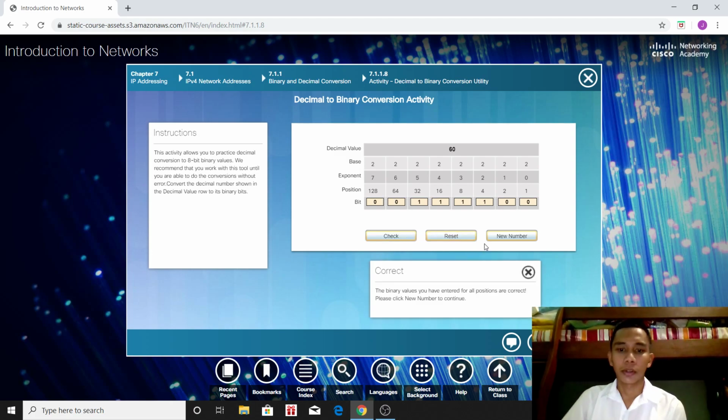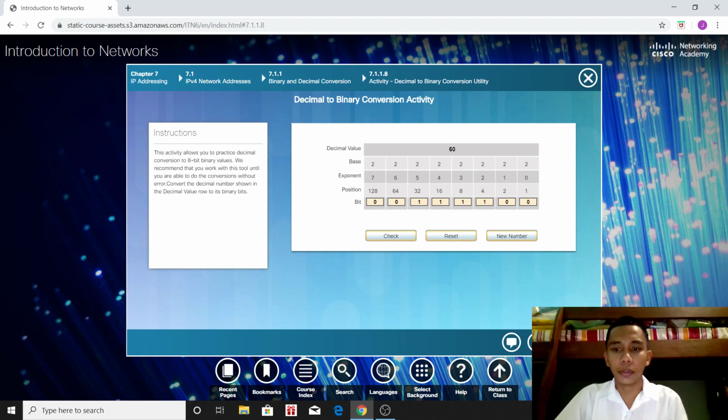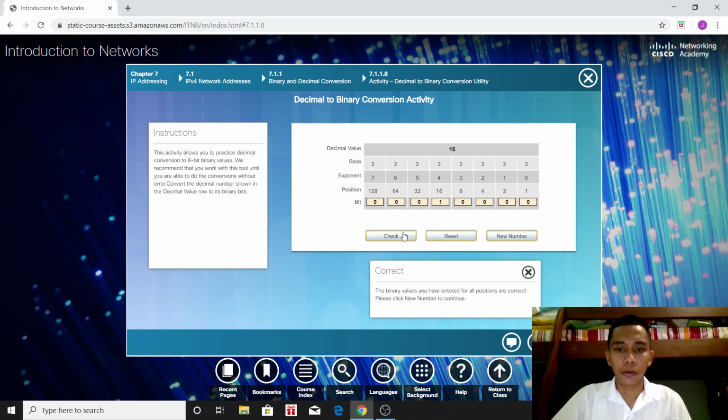So correct. The last one is 16. Closed, open, closed. Okay, it's correct.